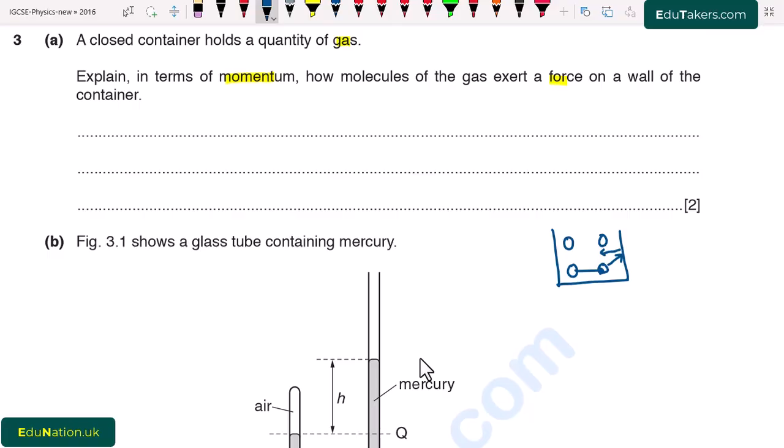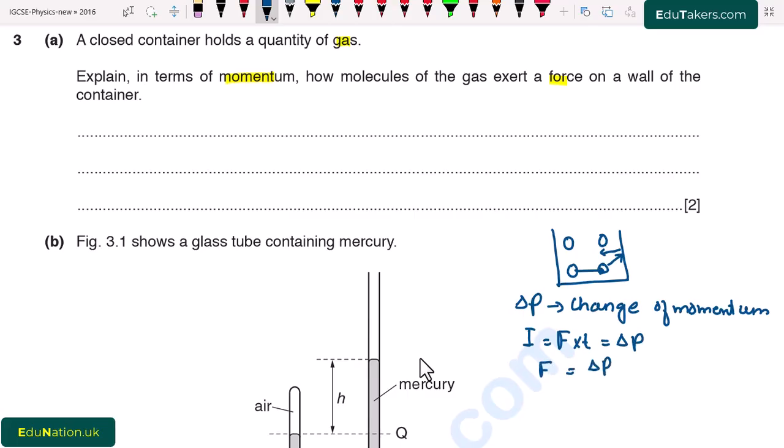So there will be a change in momentum, that is delta P, which is the change in momentum. And we know that impulse is equal to F times T, which is equal to delta P. So from here, force is equal to rate of change of momentum. When there is a change of momentum, there will be a force exerted on the walls of the container.